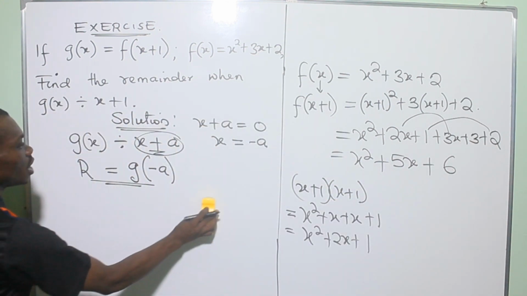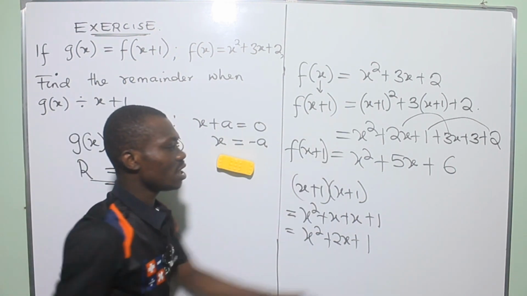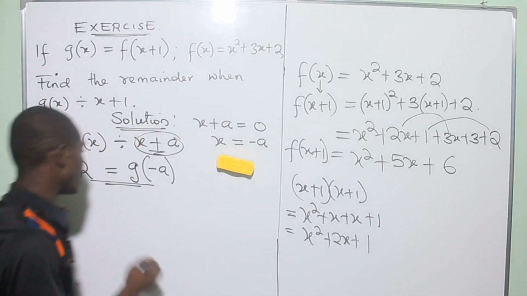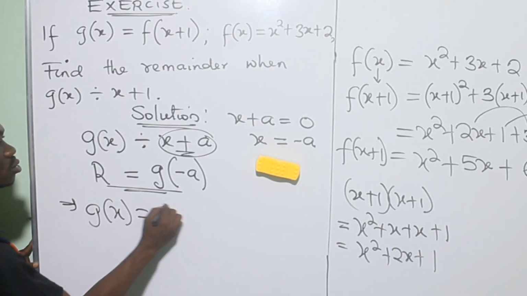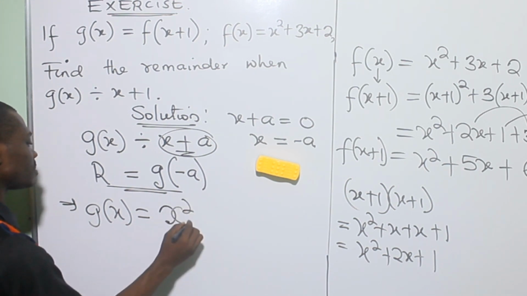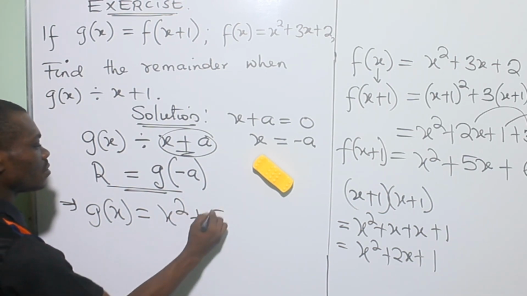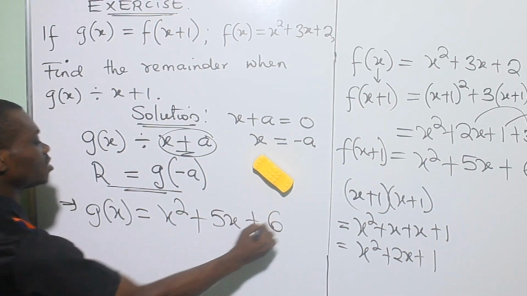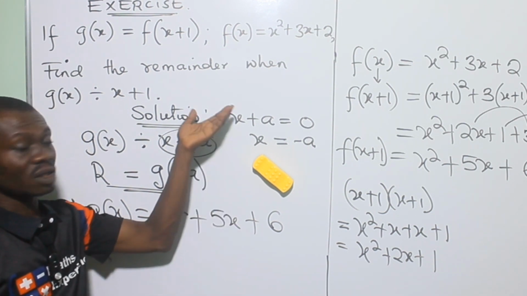So what that means is that since my f of x plus 1 is equal to this, by implication, my g of x is equal to x squared plus 5x plus 6.